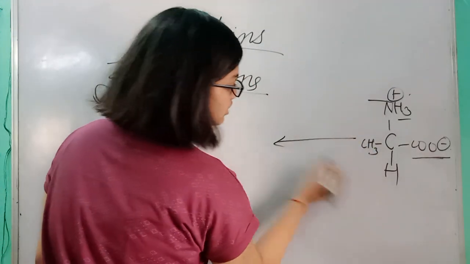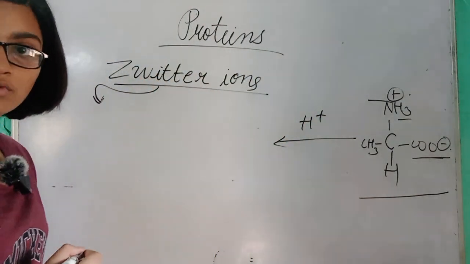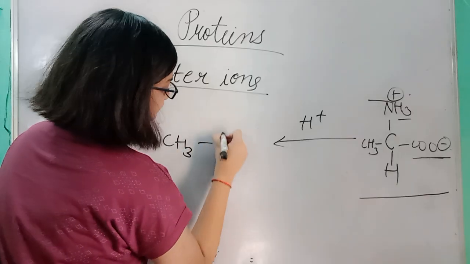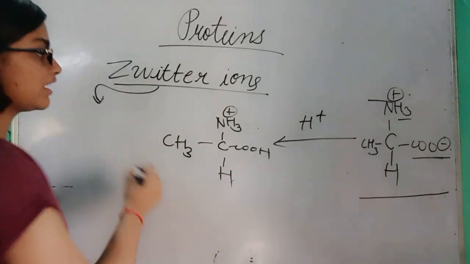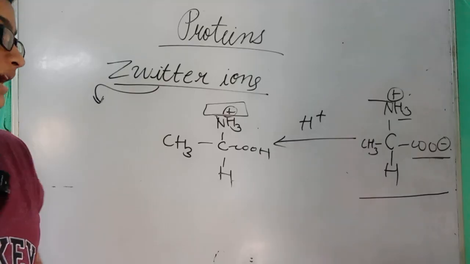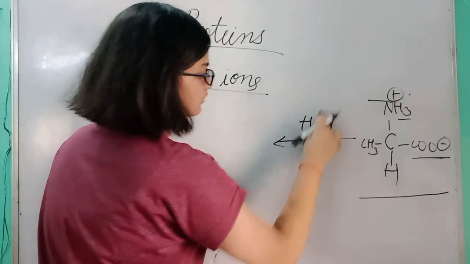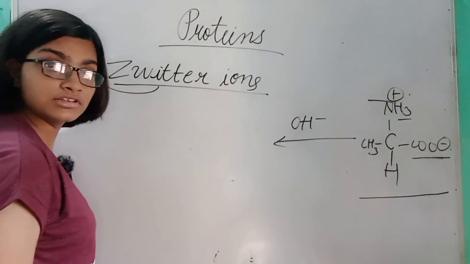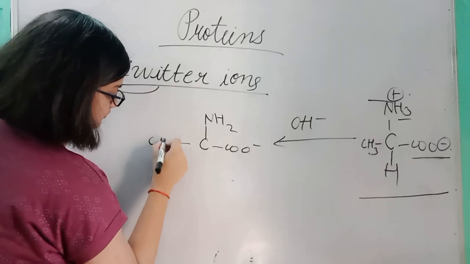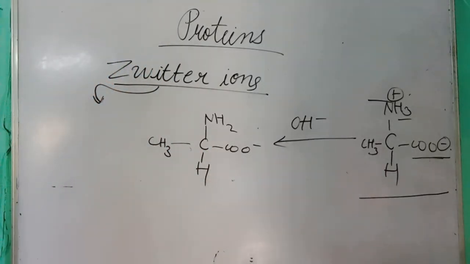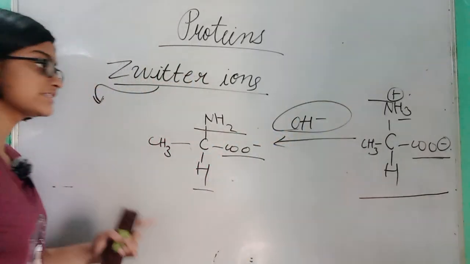Like if this Zwitter ion of alanine is kept in acidic medium, then it will form a basic ion like this, having only positive charge. And if it is kept in basic solution, then an acidic ion will be formed like this.